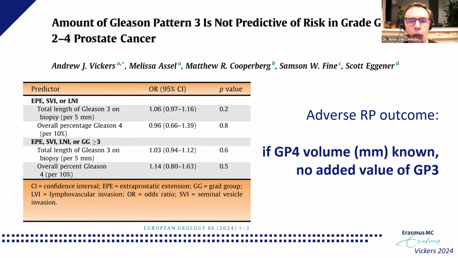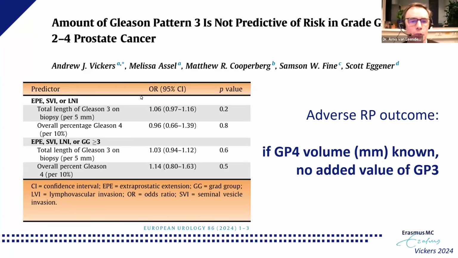You have the percentage of pattern 4, and then you calculate how many millimeters of pattern 4 you would have. If you have that model, including millimeters of pattern 4, it doesn't add anything anymore if you add pattern 3 or percentage pattern 4. That doesn't have any prognostic value anymore. So as you know how much volume of pattern 4 there is, in absolute quantity, absolute length, it doesn't matter anymore if you add much or no pattern 3.